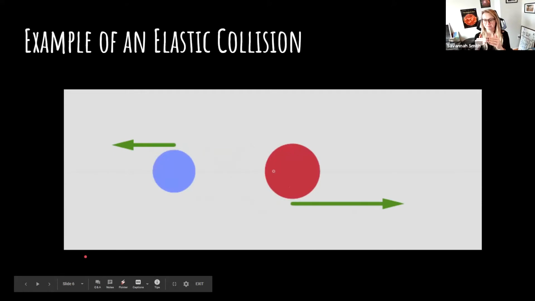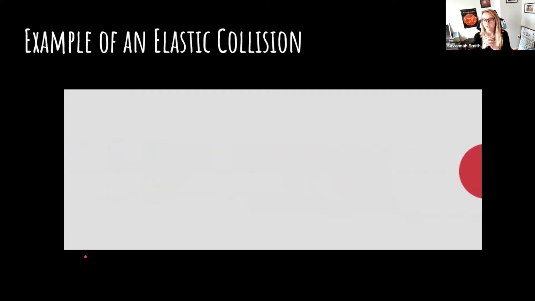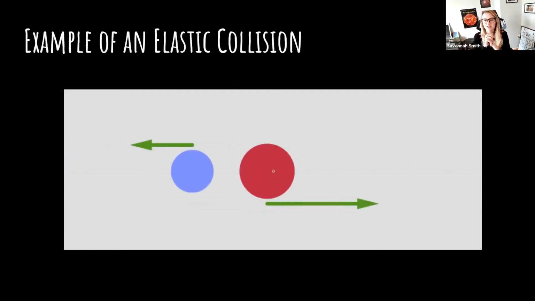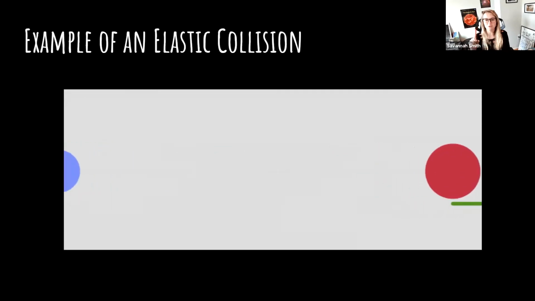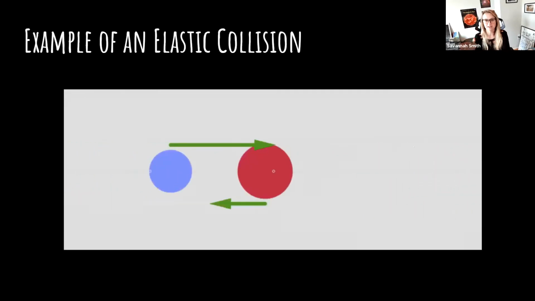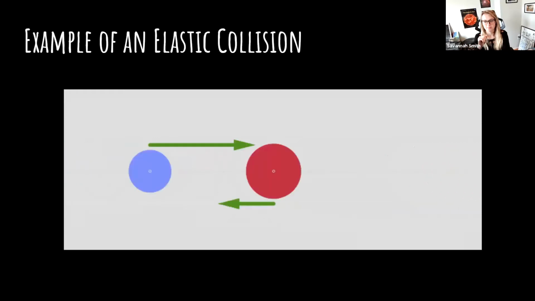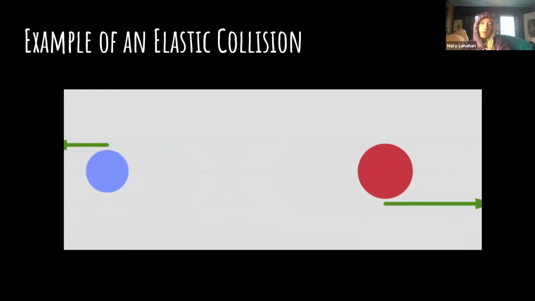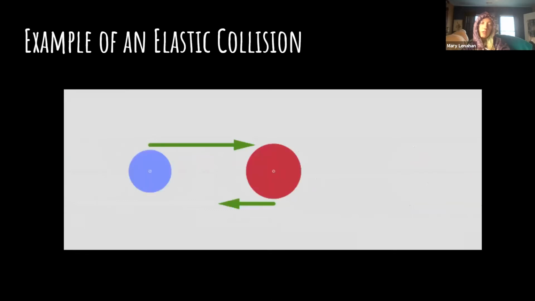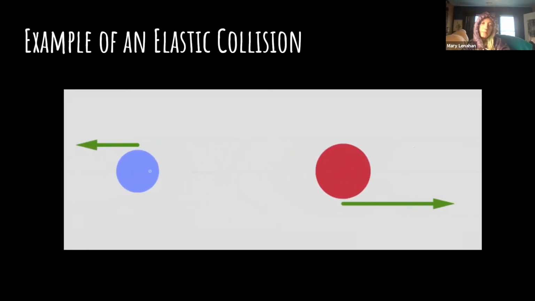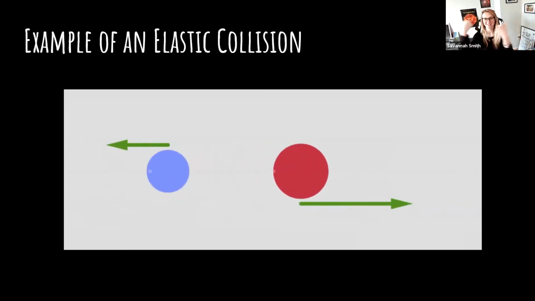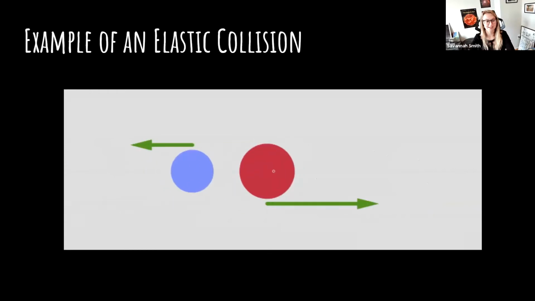Right here. What do we notice? Can anybody name one thing that you notice about this example right here? When the objects hit, the direction of the vectors changes. Okay, that's one thing. The arrows change. Good. Anything else?